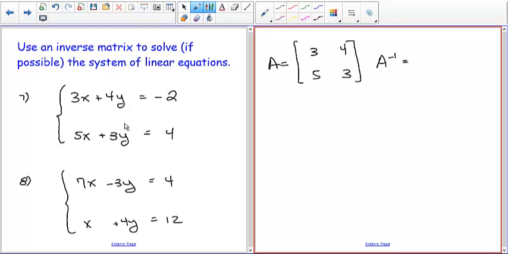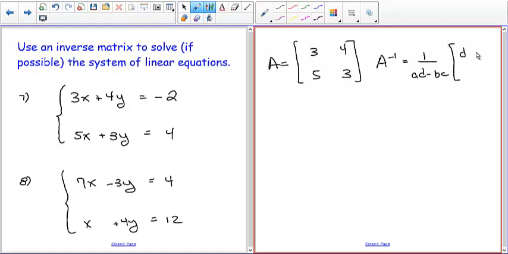this one I'm going to use the formula that's in the book, which says it's 1 over A times D minus B times C, times the matrix. And this works for 2 by 2 matrices.